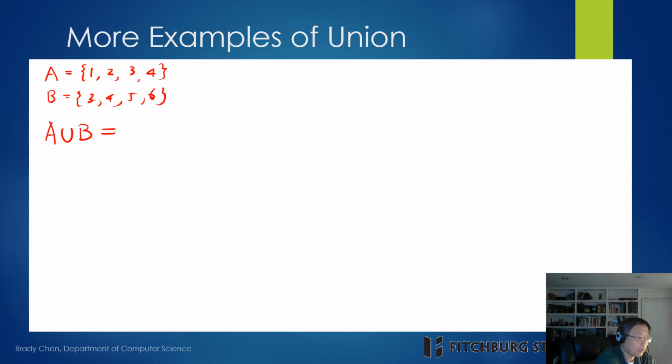You basically use definition 1. You can put all the elements in A and all the elements in B together. There's actually redundancy, right? So we just need to take one copy. So you have 1, 2, 3, 4, and then B has a 3 and a 4, so they're already included. So we just add a 5 and a 6. So that's A union B. Remember, for every set, you cannot have a redundant element. Each element has to appear once in a set.